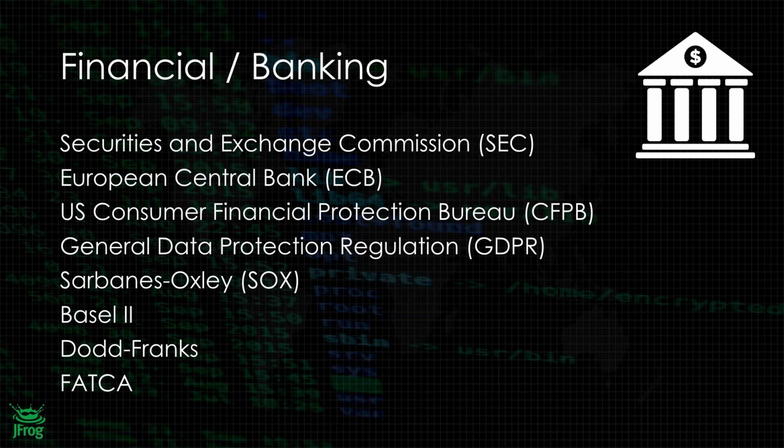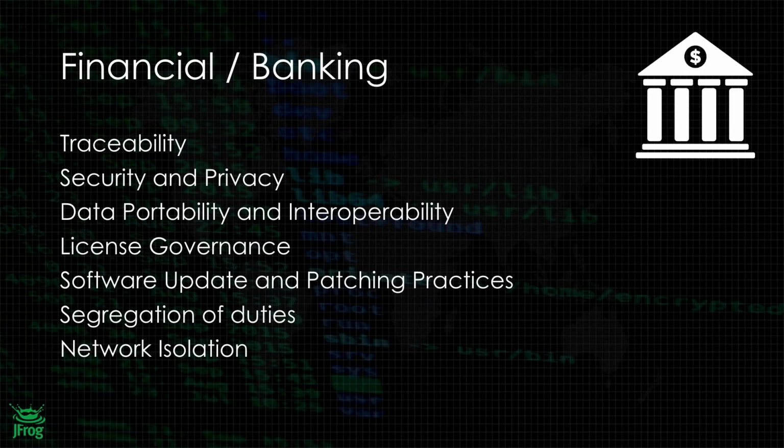There's also balancing between US banking and APAC if you're a global organization, having to balance all these global rule sets, especially around financing. The biggest takeaways from all those various regulations instituted by these industries are traceability, security and privacy, and portability of data. And license governance.